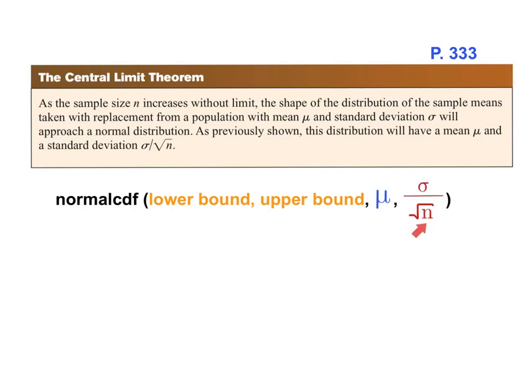It didn't have the square root of n divided by it. And that's the change in the calculation when you deal with the sample. That's the only difference. When I said at the beginning about a slight change in the calculation, that's it. Everything else is the same.